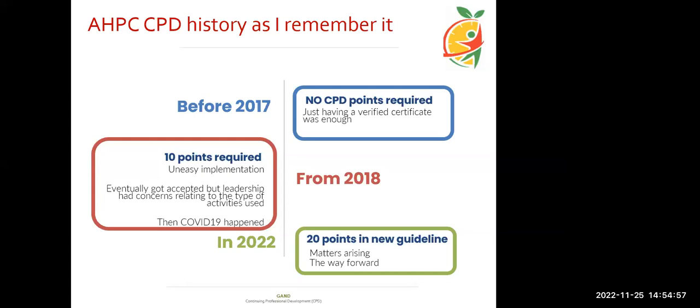Now, please listen to this aspect of the history very carefully, because that will inform why we are where we are today. So as leaders, we argued that there are different ways to get CPD points. There should be self-directed learning, which is a way of getting CPD points. I should be able to sit in the comfort of my room, scan the information available in the world because of the availability of internet, and decide that this particular learning event is relevant to what I am doing now.